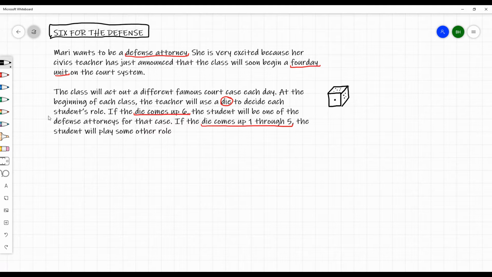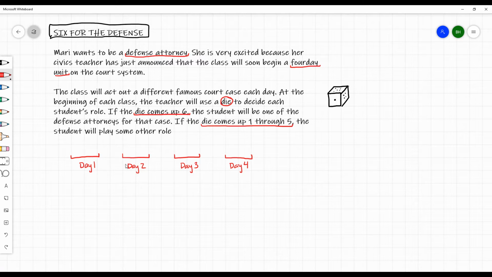To set this problem up, what I like to do is first draw out what the situation looks like. We know for sure that there are 4 days. So I'm going to call this day 1, day 2, day 3, and day 4. This isn't something you necessarily have to do, but I like to know how many different events may occur during a situation, since that may help me solve the problem.